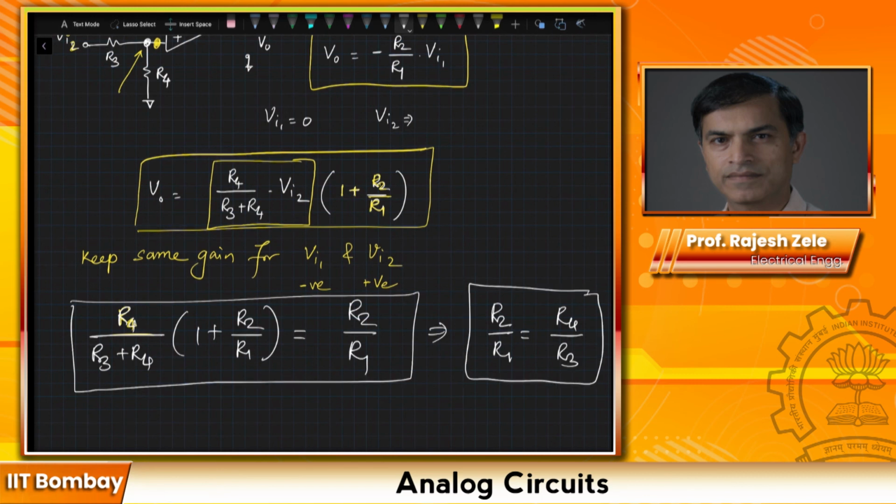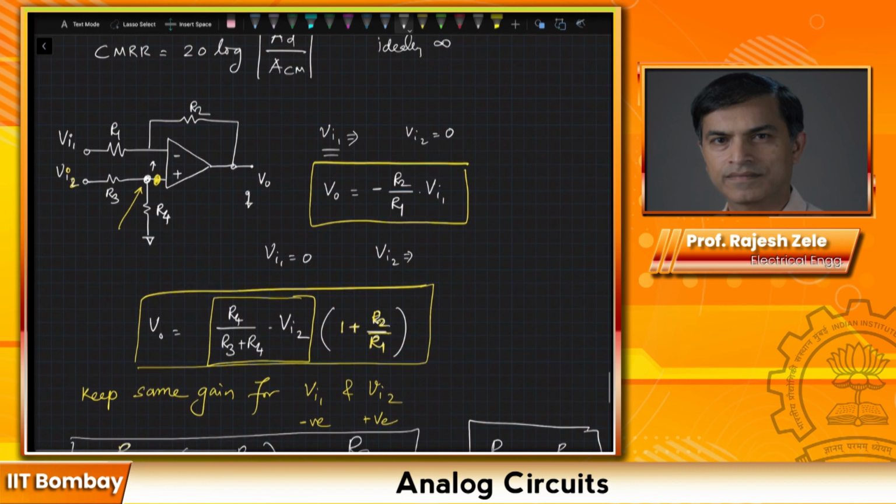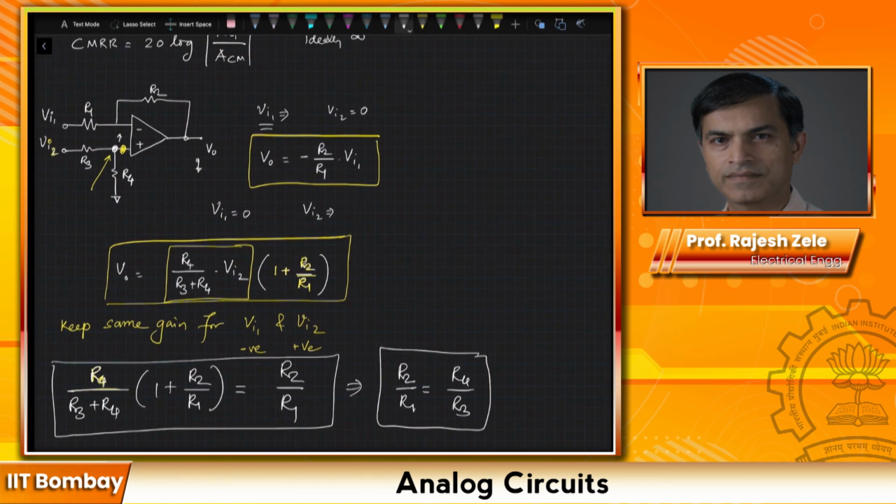So we have to make R1 equal to R3 and R4 equal to R2.